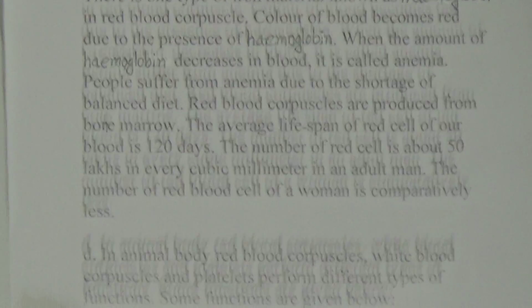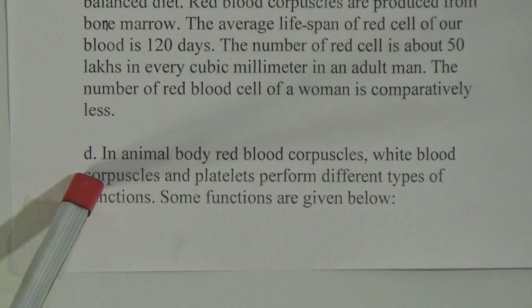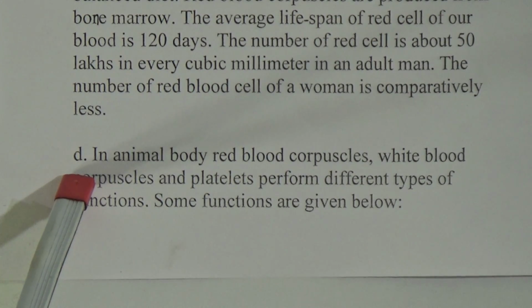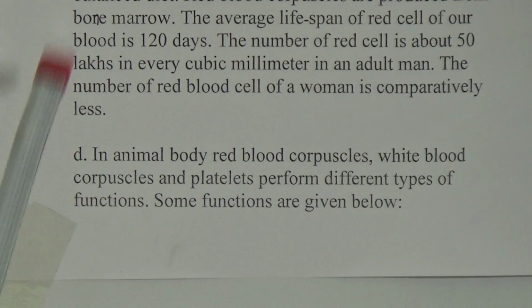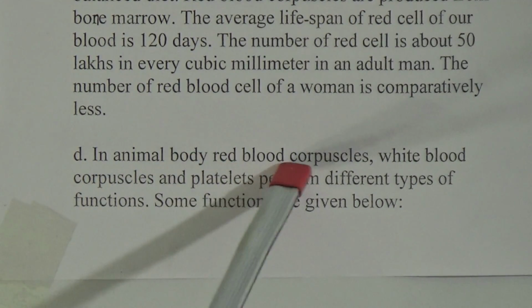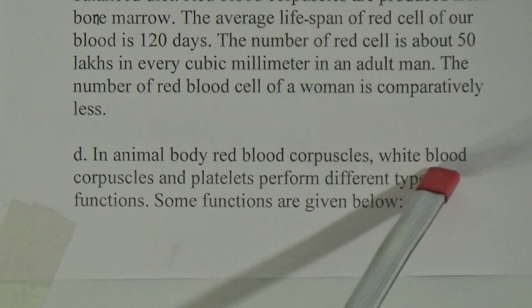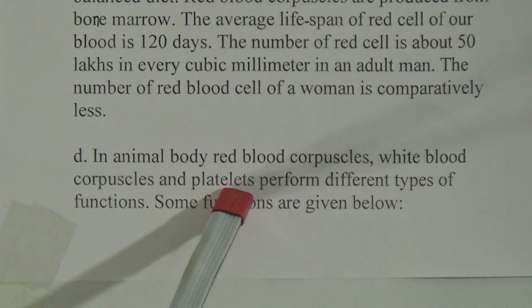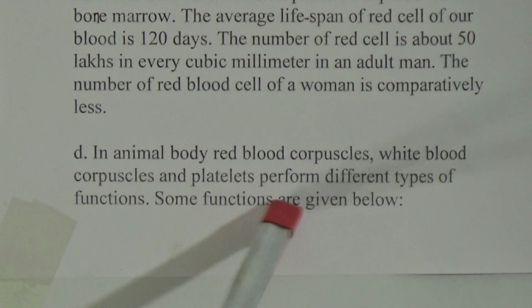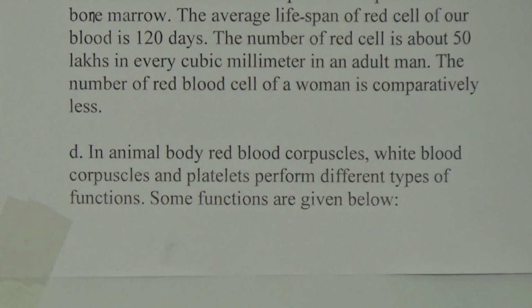Now, D number question answer. D number question was, explain the role of figures A, B, C in functioning of the body. Answer is, in the animal body red blood corpuscles, white blood corpuscles and platelets perform different types of functions. Some functions are given below.